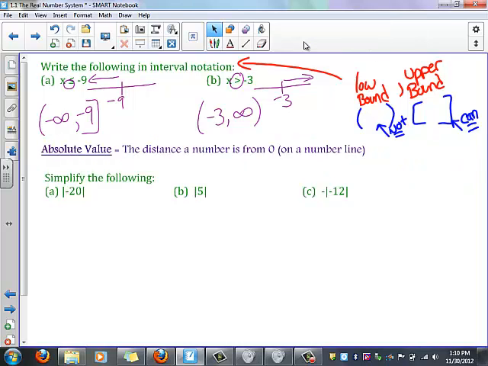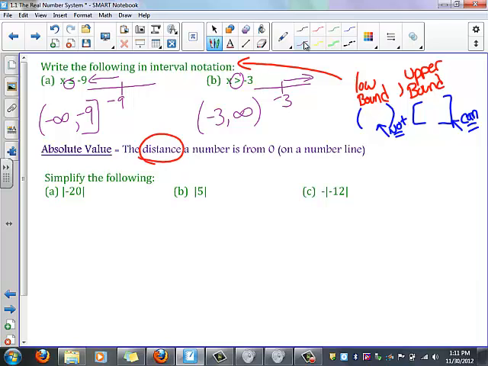Now we're looking at absolute value. One way to think about it is the distance that a number is from 0. Think about when you have distance, you cannot have negative numbers, because no matter which way you go, you always go somewhere. You're not going to go a negative distance.